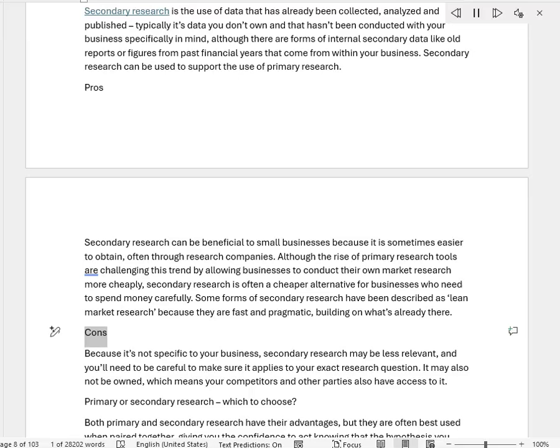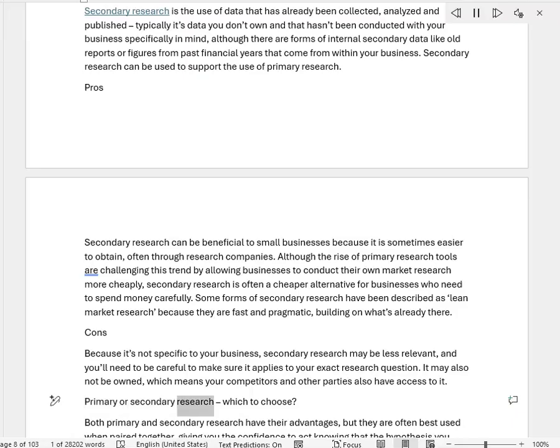Cons. Because it's not specific to your business, secondary research may be less relevant, and you'll need to be careful to make sure it applies to your exact research question. It may also not be owned, which means your competitors and other parties also have access to it.